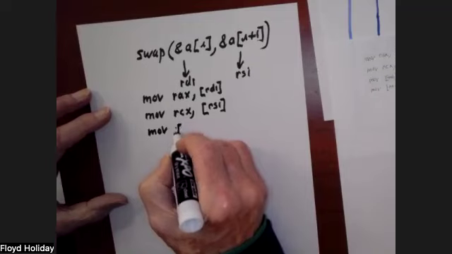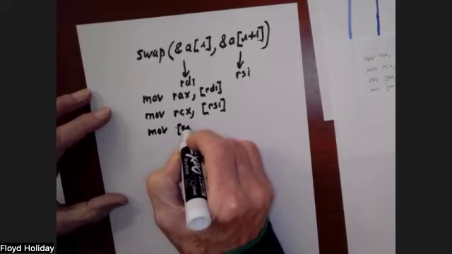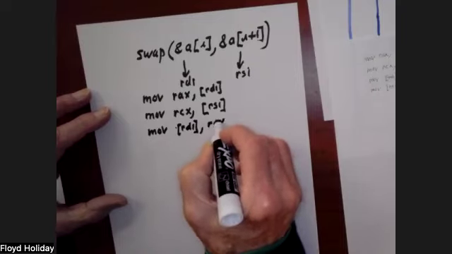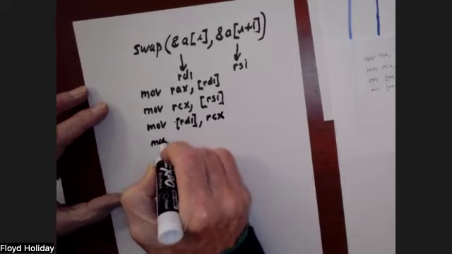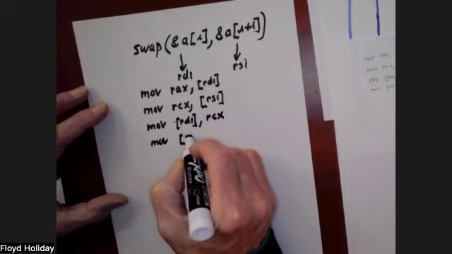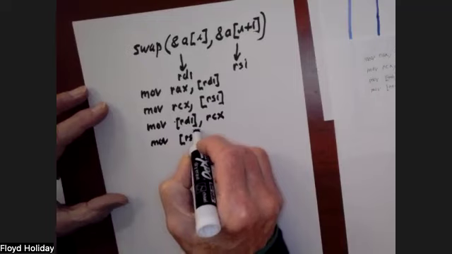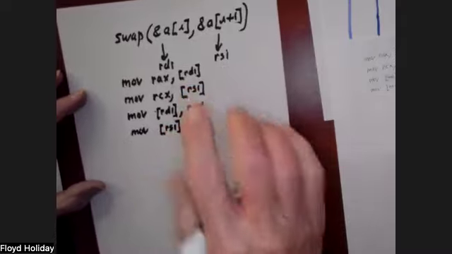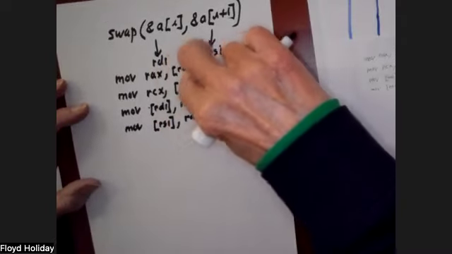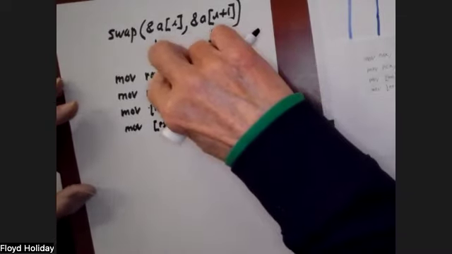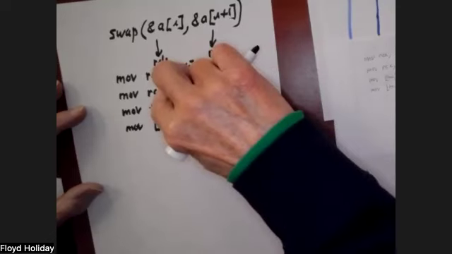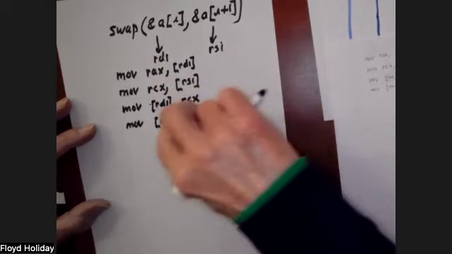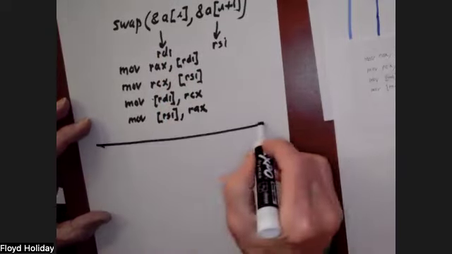Move dereferenced RDI, RCX, and move dereferenced RSI, RAX. You can already see something being swapped here. RDI is affiliated with RAX, RSI with RCX, and now they're switching. RCX goes to here, and this one goes to here. So let's see if we can make a picture out of this.